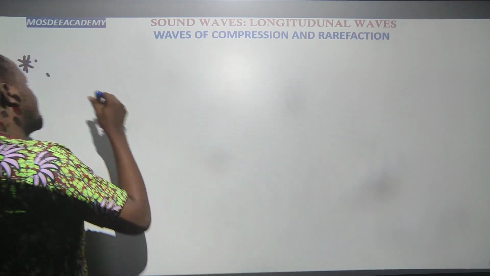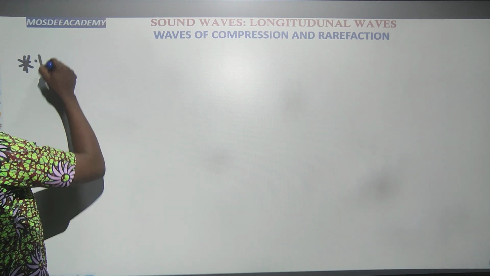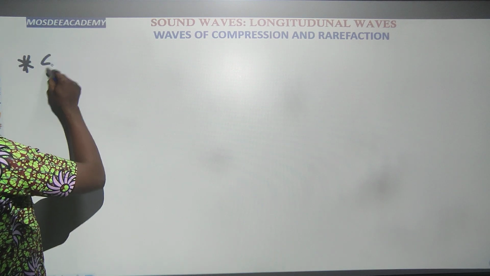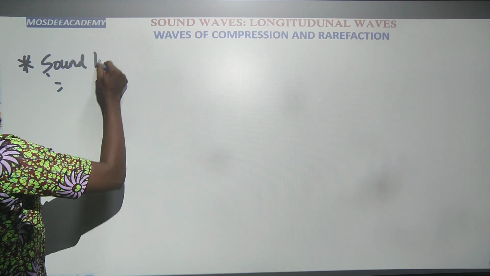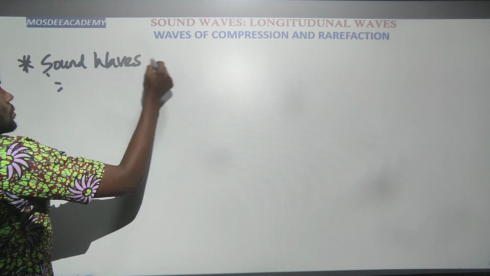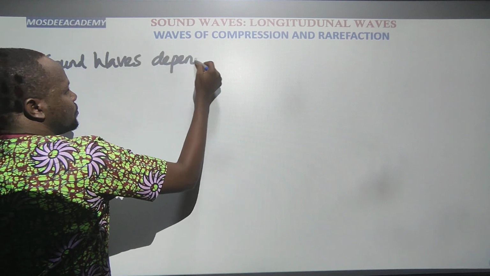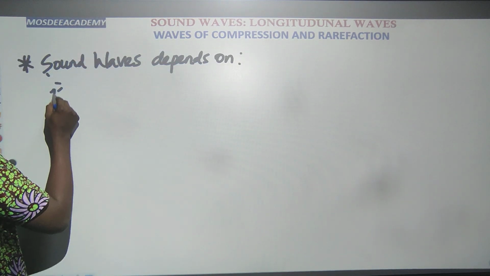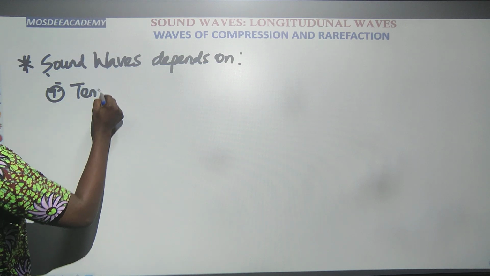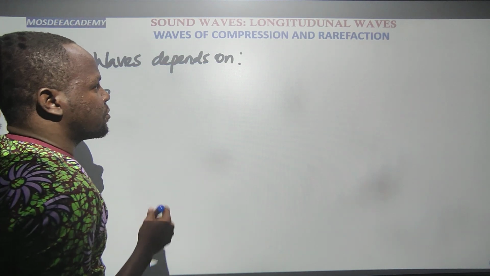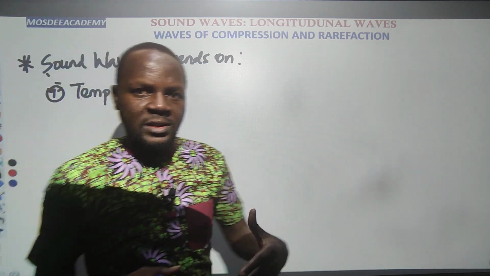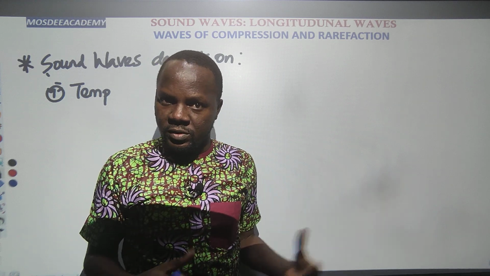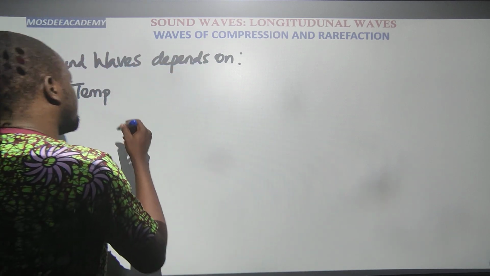So the speed of sound depends on, let's put it in this format so that it makes more sense, temperature. The speed of sound is the speed at which sound travels. Sound, you all know, requires a material medium. That should have been taught in junior classes. So temperature is one of the factors.